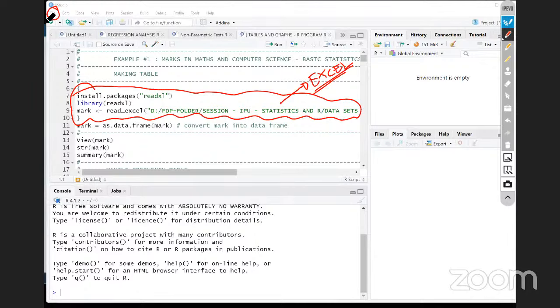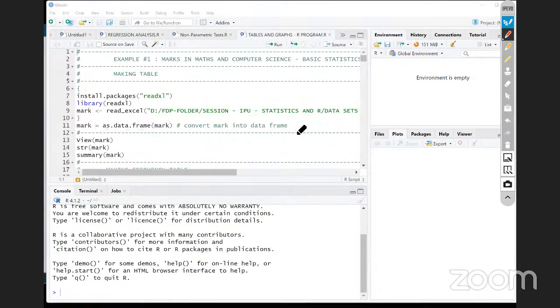And then I'm saving the data in a file which is called mark file. Then I'm defining marks as a data frame. I'm converting my marks into a data frame so that I can do processing quite comfortably. So let me open up the Excel file. Just a minute.